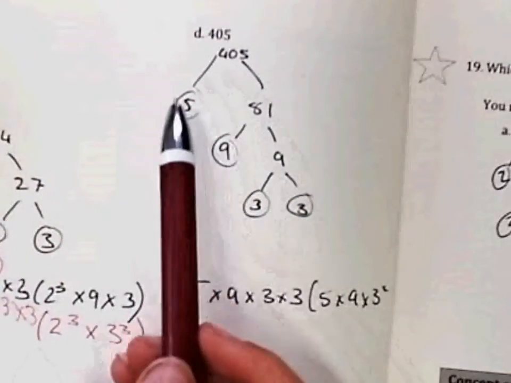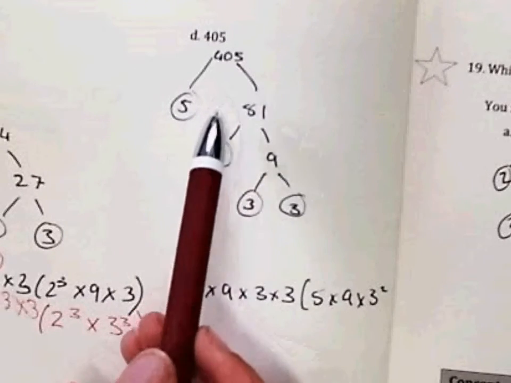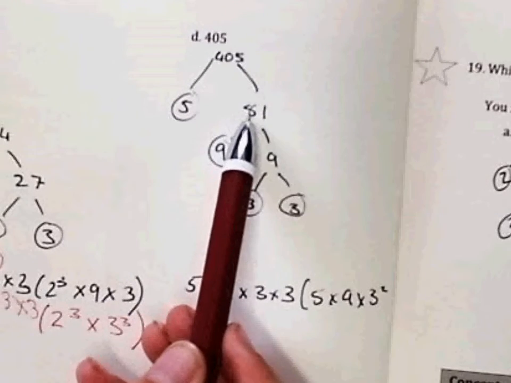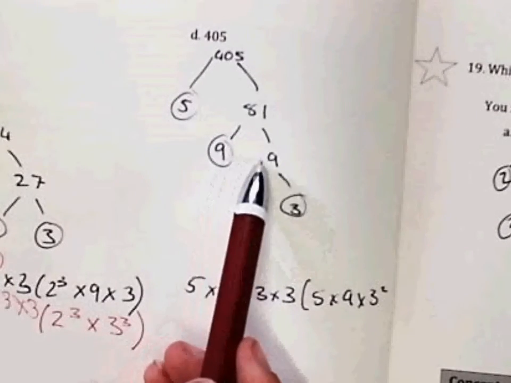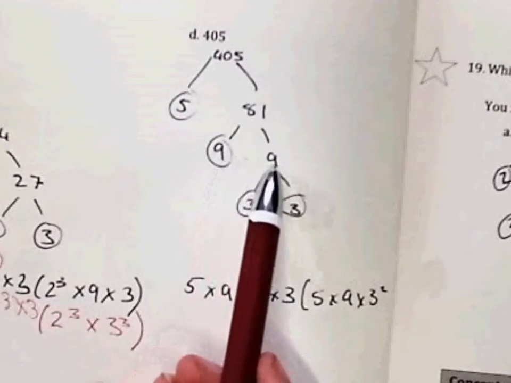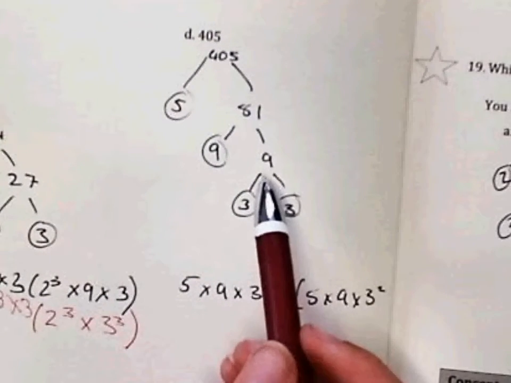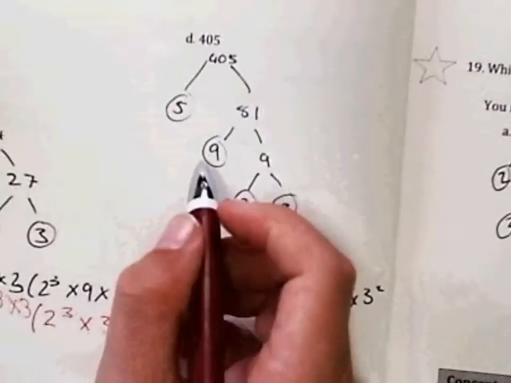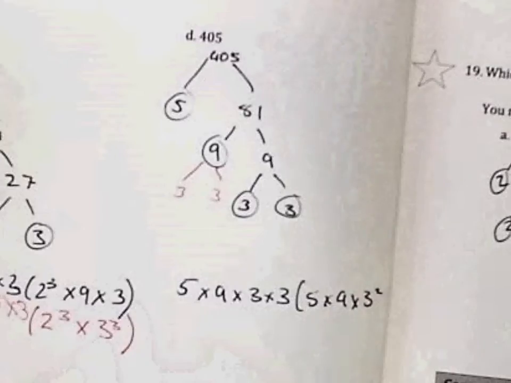Now we are going to do 405. You can divide 405 by 5, and that answer is 81. Then you can divide 81 by 9 because that's the square root of it, and you circle 9. Then that could be 3 and 3 there.